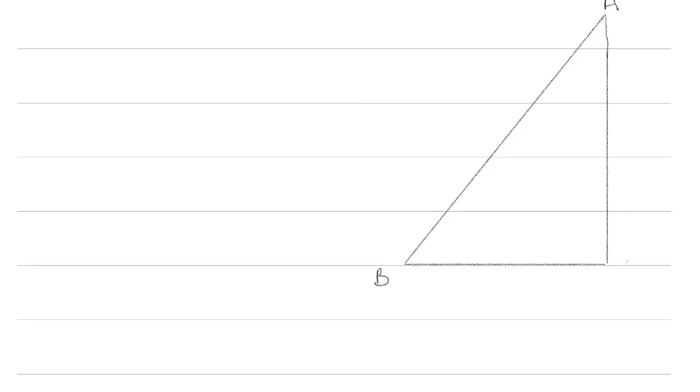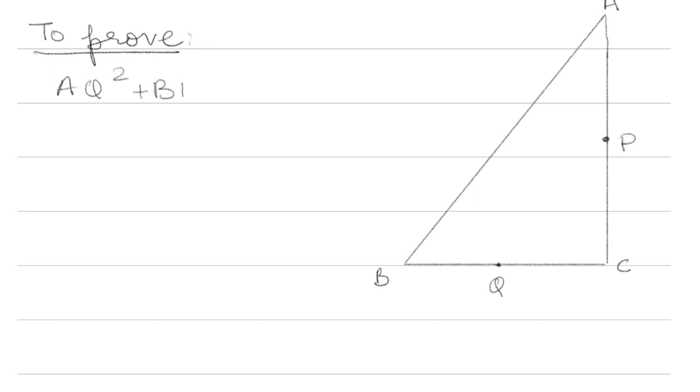In this question we are given a right angled triangle ABC which is right angled at C, and P and Q are points on CA. P and Q, we have to prove AQ square plus BP square is equal to AB square plus PQ square.